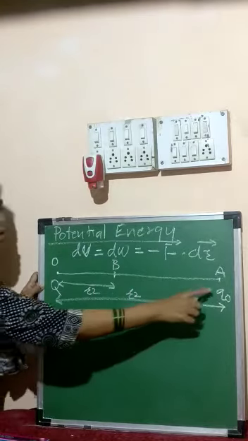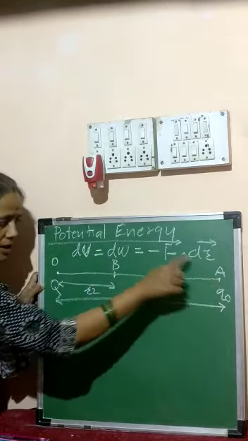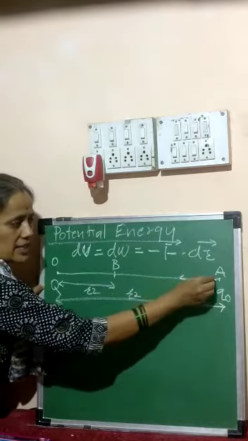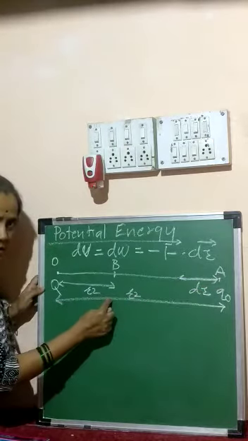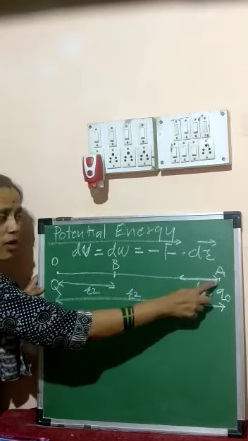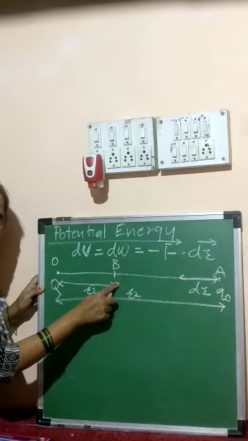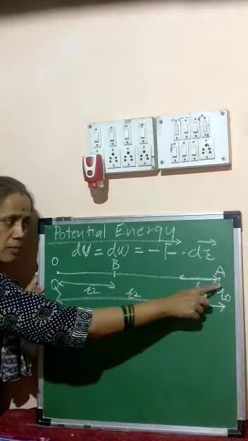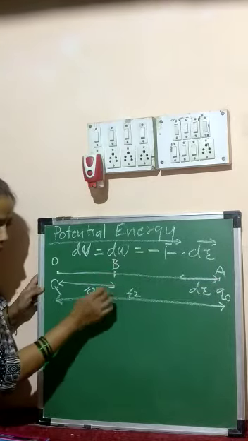Now if I want to bring this Q0 charge from A to B through a displacement dr, there is a change in potential energy, because work is done to move the charge from point A to point B, that is, through a distance from R2 to R1.